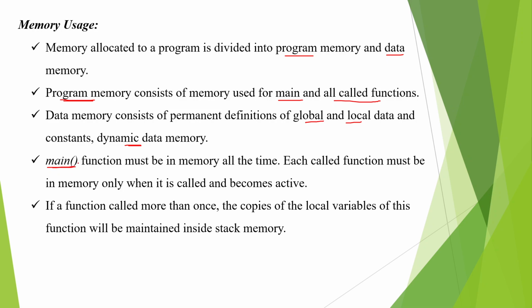As long as your program is under execution, the main function should be in memory all the time. If your main function exits from memory, that means your program has stopped execution, and it is no more under execution. So the constraint for saying that your program is under execution is that the main function should be in memory all the time. Main may call any number of functions, and those functions may or may not be in memory.